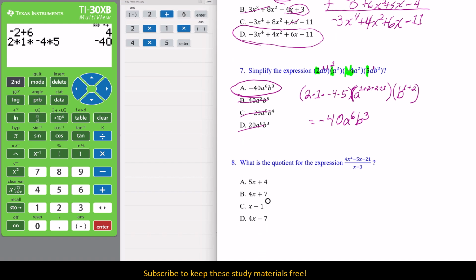All right, now let's look at number 8. Okay, this is a little different. First, it says, what is the quotient? We're looking for the quotient of the expression, and we have a fraction with the numerator being a polynomial. Because the divisor is x minus 3, which is x to the first power, and with the ABCD options, I am very suspicious.